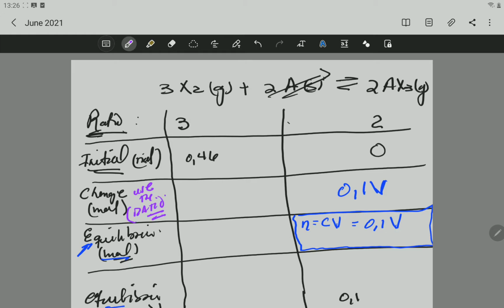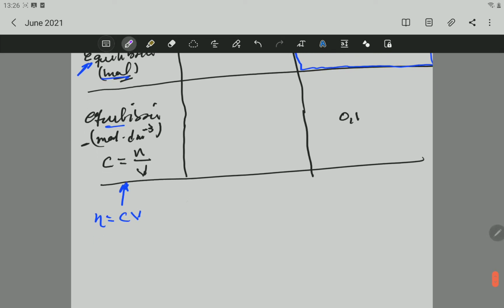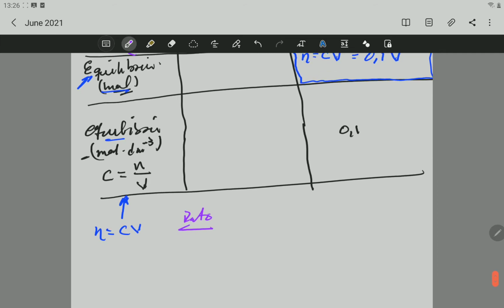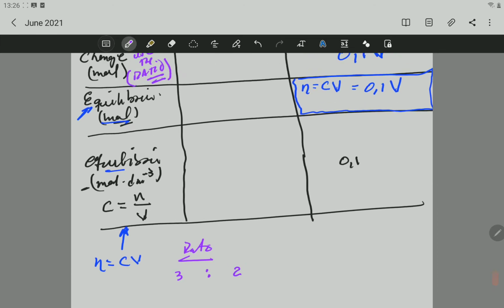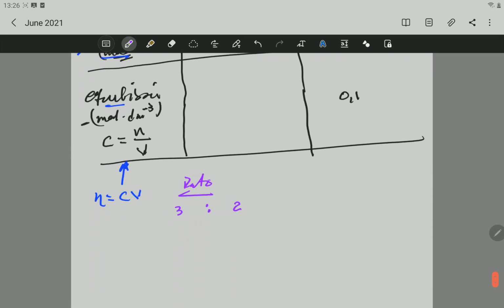So here you are going to use the ratio. The ratio is 3:2. If the change is 0,1 V, how much will be here?